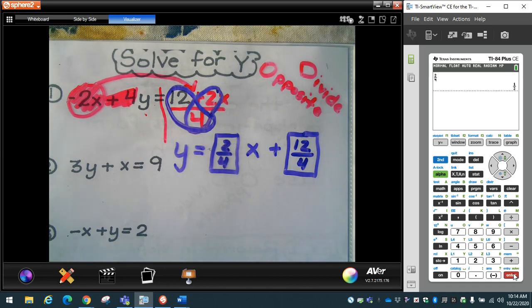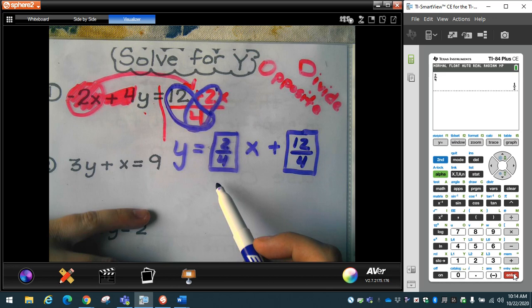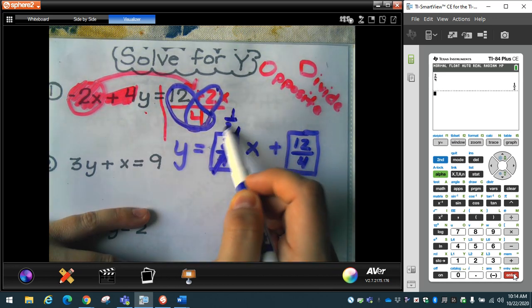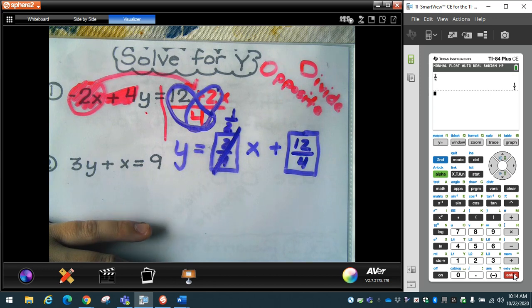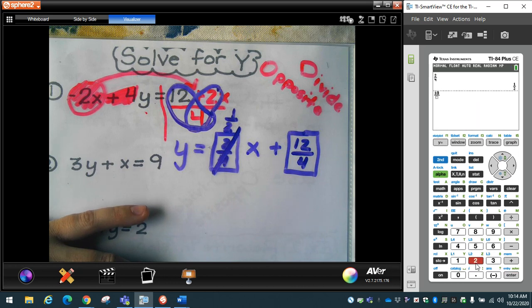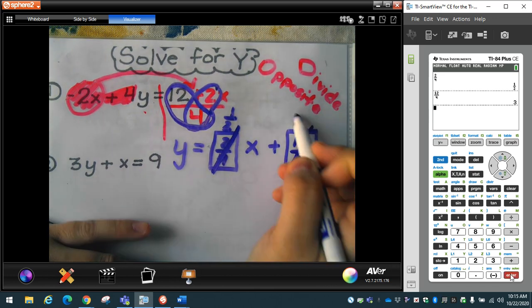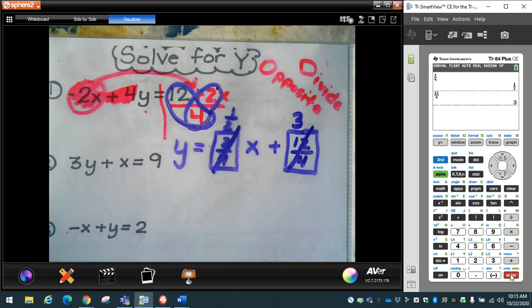And so 2/4, I can simplify into half. So I'm going to write half on top. That's my slope. Now let's simplify 12/4. Again, alpha y equals, enter, 12/4, and then enter again. And this becomes 3. That easy.